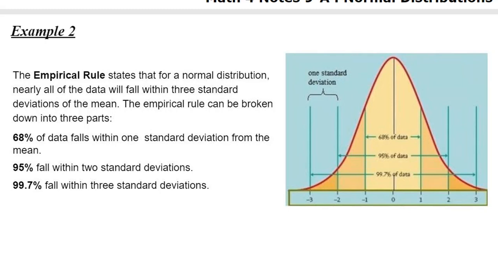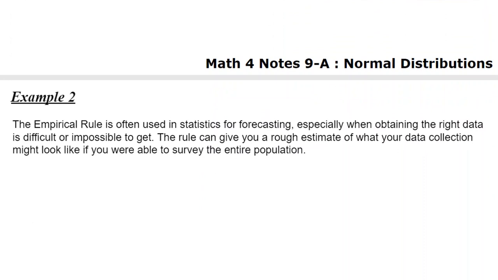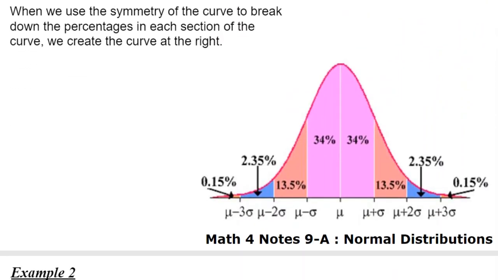Now, if we take those and we start breaking this thing apart into 8 little sections there, it gives us the ability to give a rough estimate, if we're collecting data, of how many are going to show up in that given interval. And what we're going to look at is, of course, 68% live between plus or minus 1 standard deviation. That's 34% this way and 34% that way.